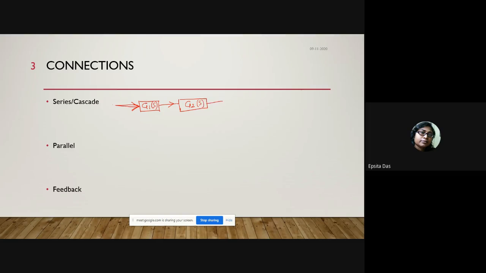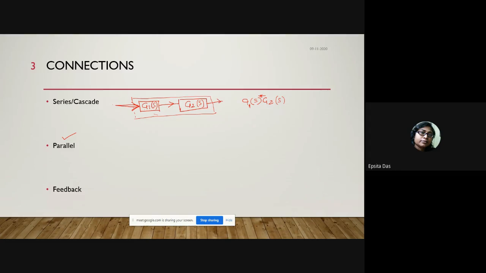If these two are adjacent to each other, the overall transfer function can be expressed as a multiplication of these two transfer functions, G1(S) into G2(S). This arrangement is known as cascading or series. And what is the formula of cascading or series? Nothing but multiplication.